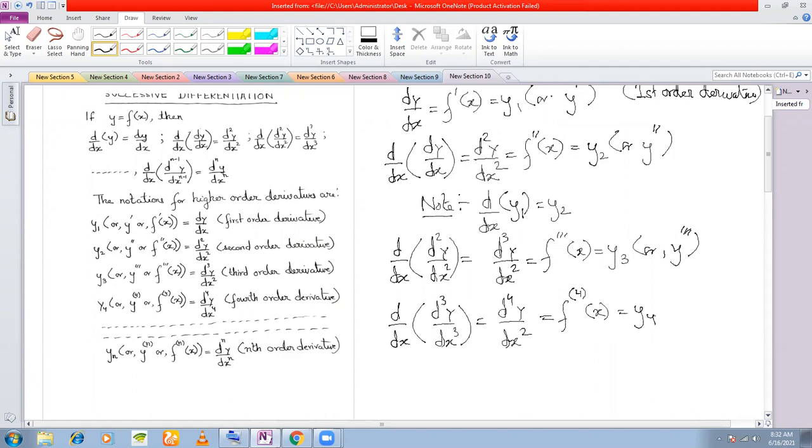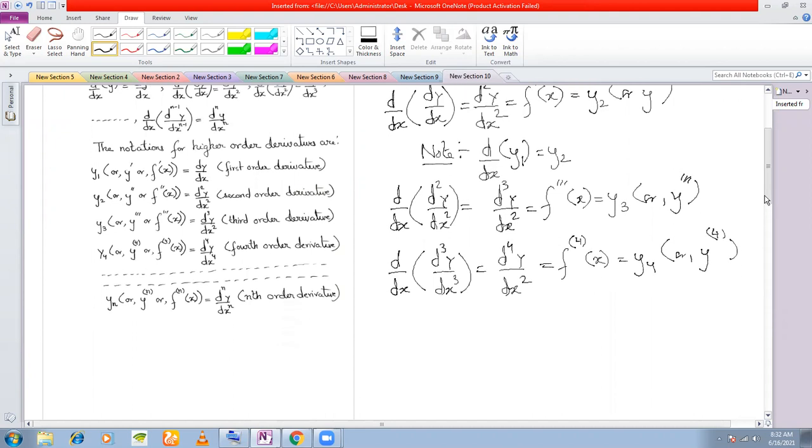This is written as f(4)x, or in terms of y, it is also written as y4 with the 4 under brackets. So what you need to note here is that d/dx of y2 is y3 and d/dx of y3 is y4, and so on.